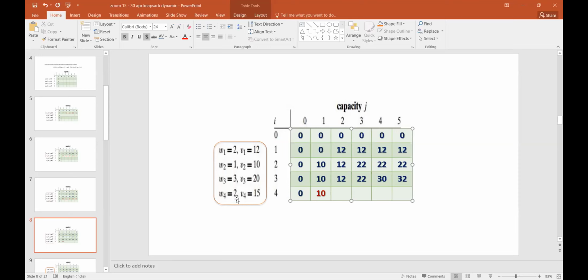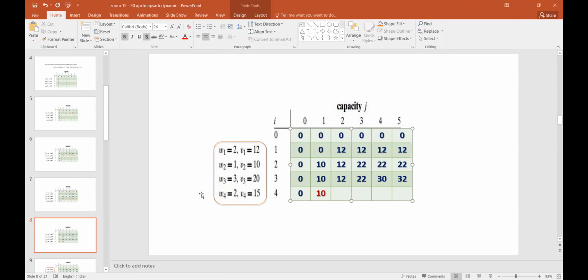So which shall I consider? If I consider object 1, I'll get the profit of 12. In its place, if I consider object 4, I will get the profit of 15. Which is the better option now? Until now, I was including object 1 because I had no better option.